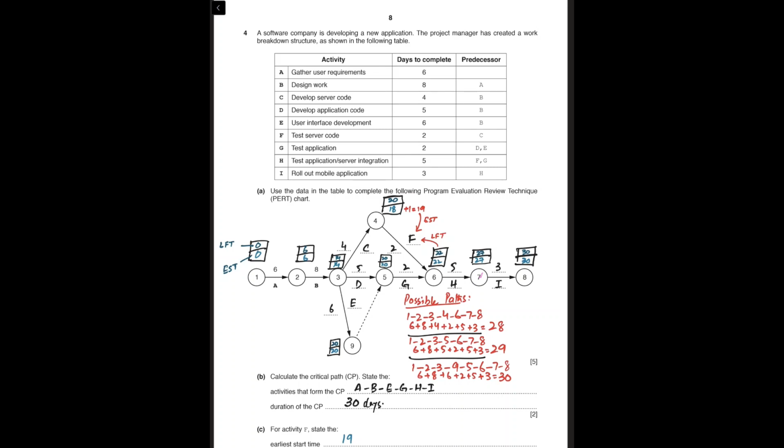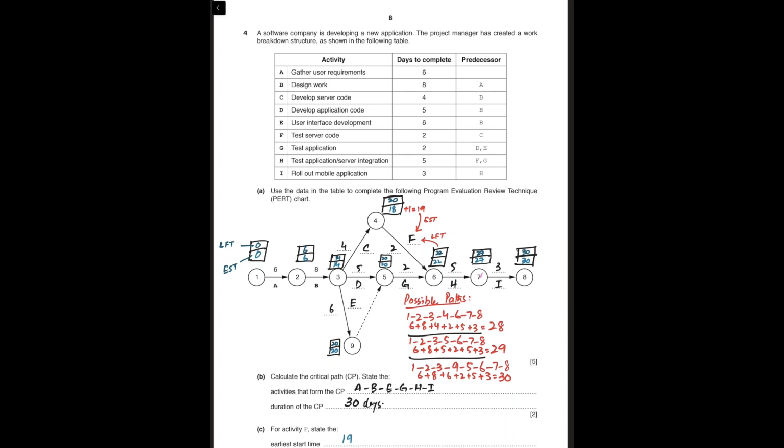After this, we have activity F, which starts after C, as C is its predecessor, and then we have G. G starts after D and E.